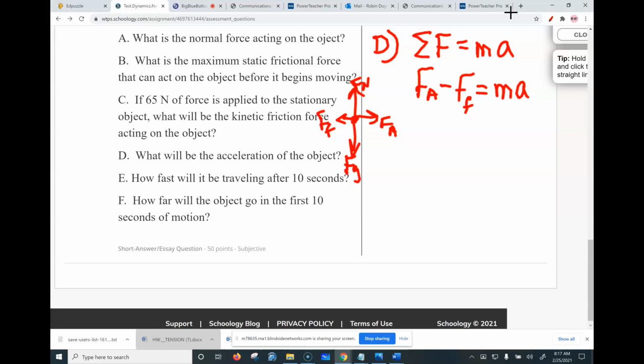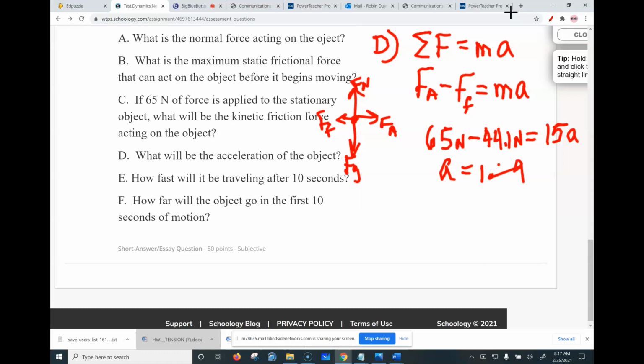My applied force was 65 newtons. My frictional force, now it's moving, so the frictional force that I'm going to use there is going to be the 44.1 newtons. The mass was, what's the mass? 15 times a. So then you subtract those two and divide by 15, and you should get an acceleration of 1.39 meters per second squared.